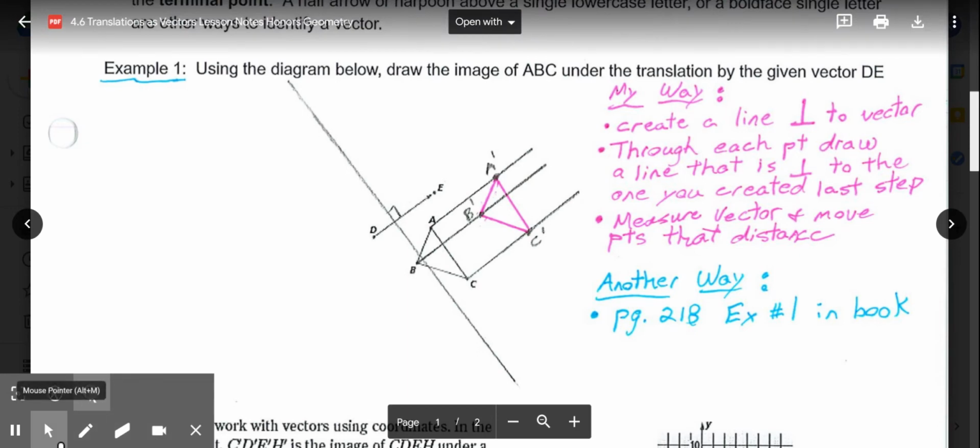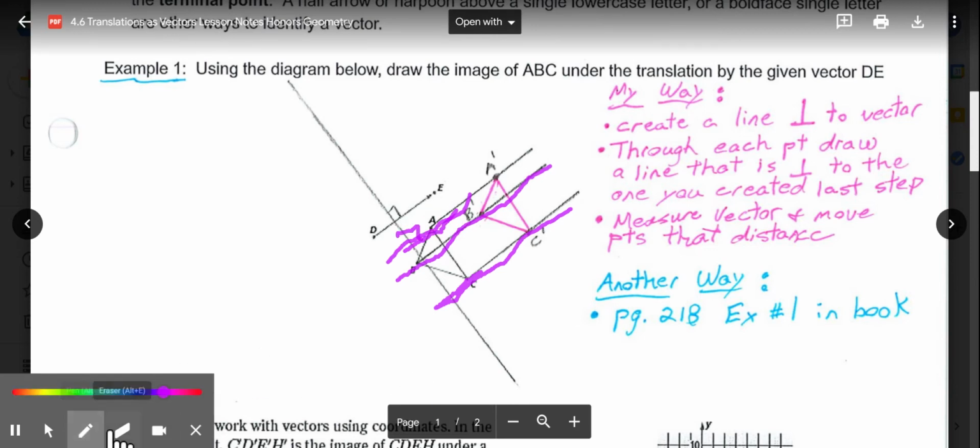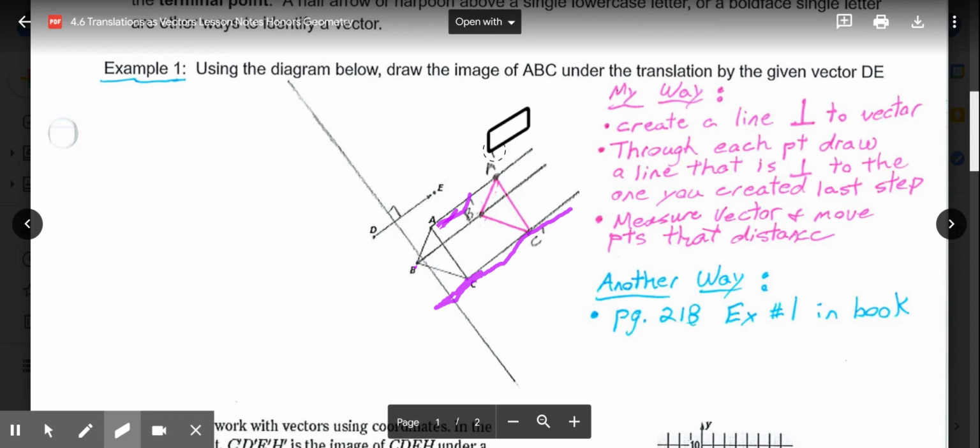So what I'd want to do is take my protractor, line up the 90 degrees, and then extend each of these lines all the way. The drawing is sloppy here because I erased some, but through A, B, and C, we'd want to extend those so each of these crosses that line at 90 degrees. So we're just drawing in those perpendiculars.